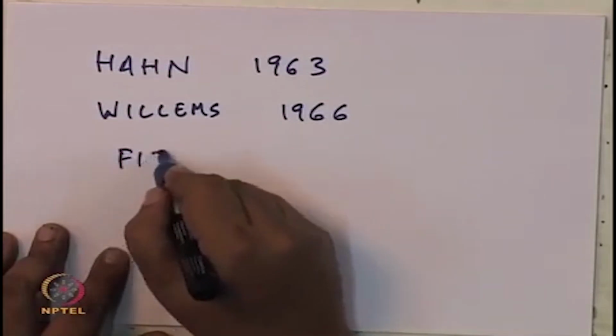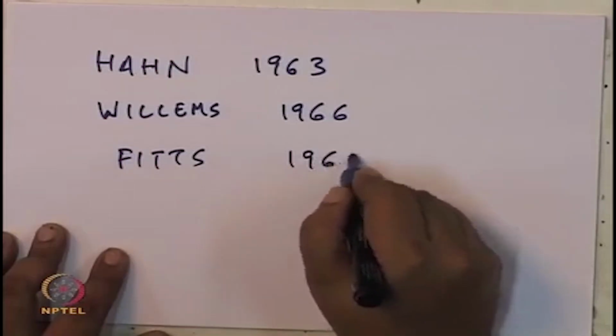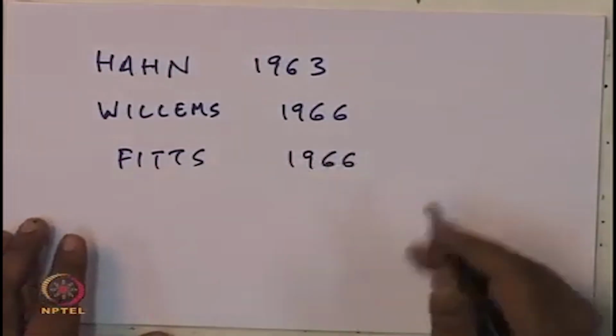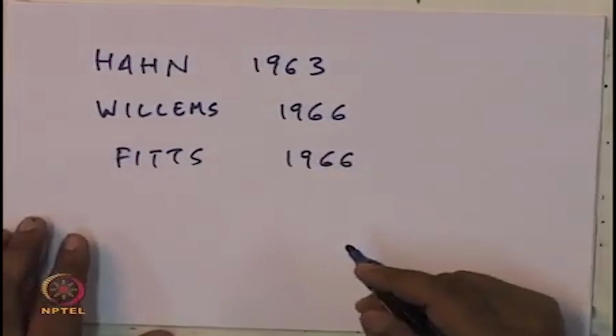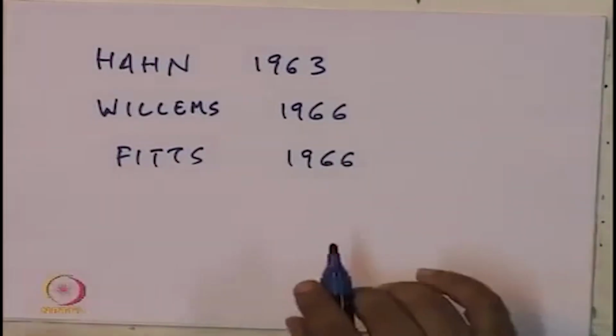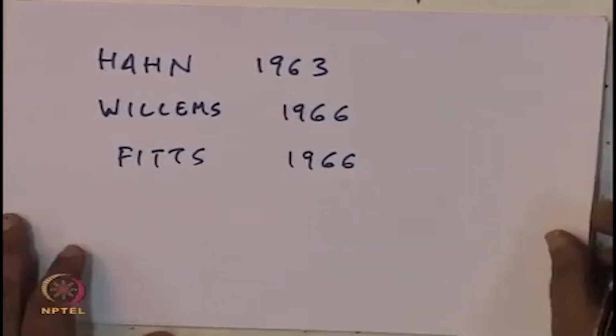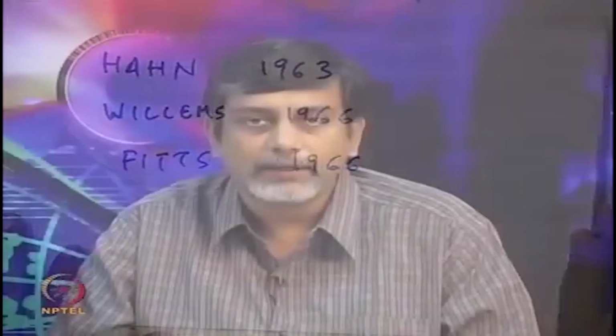Then there was Fitz, who also did this in 1966. They constructed all sorts of examples which showed that this conjecture of Eisenman is not correct. Okay, so let me now give an example of a system where this actually doesn't hold.